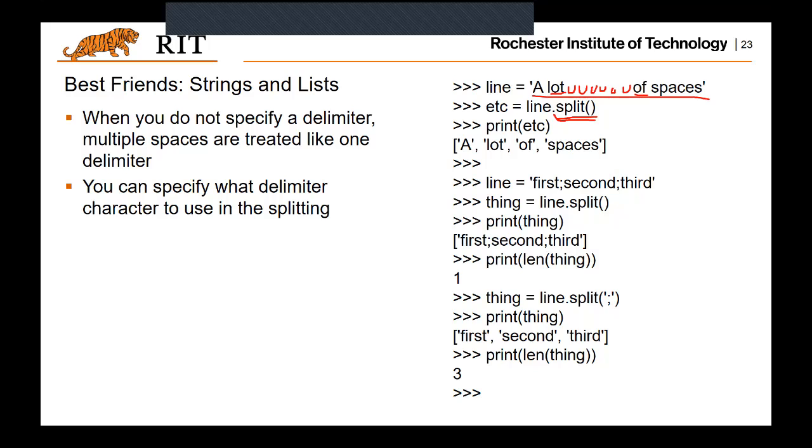So when you use split, it will look up where the space is and separate the string by these spaces. No matter how many spaces you put here, it will treat it as one space. So in this case, it will separate the whole line of string into 4 strings and put them in this etc list. So that's how it works.